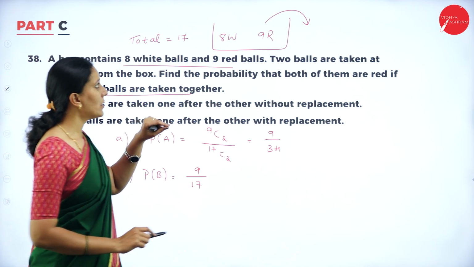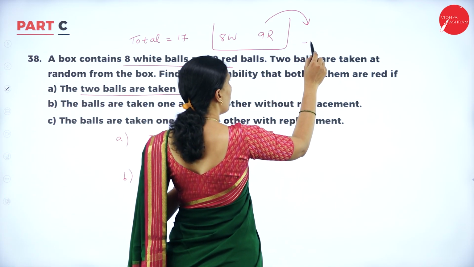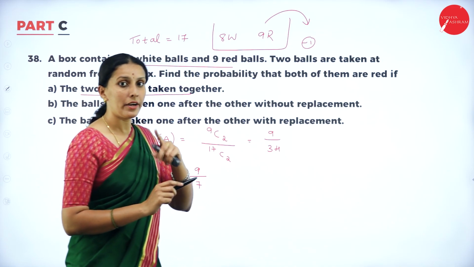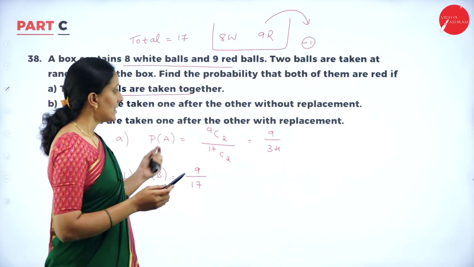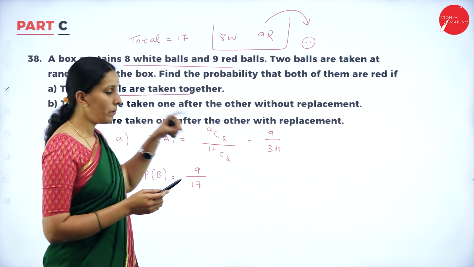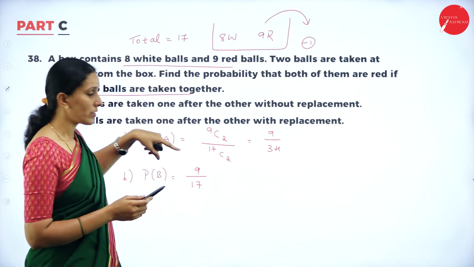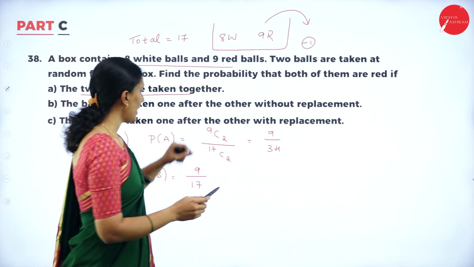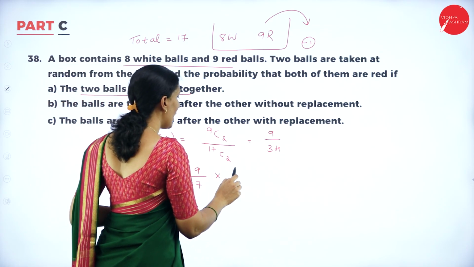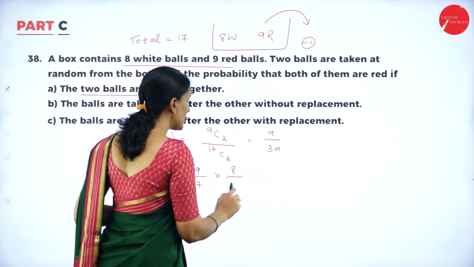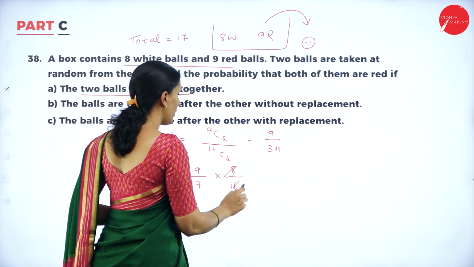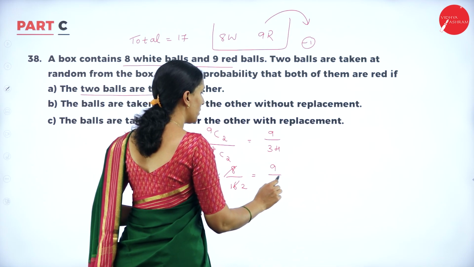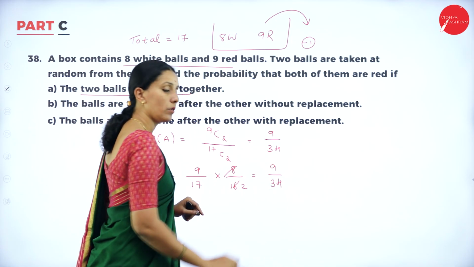Since one red ball is removed, I have only 8 red balls. Second time I need to take one more ball because I need to take 2 balls from the box. So for the second time I have 8 red balls among 16 balls. So again when you cancel this, the value is equal to 9 by 34.